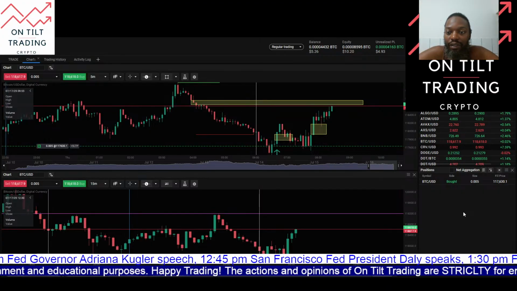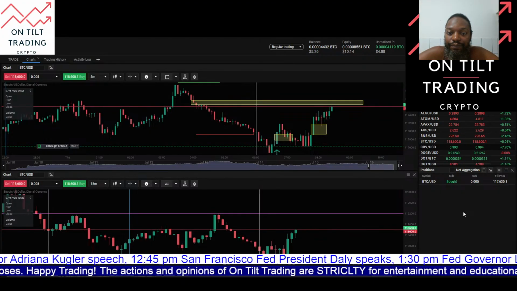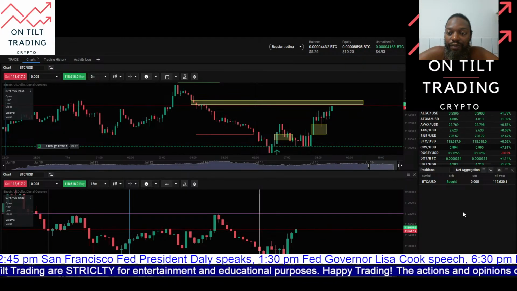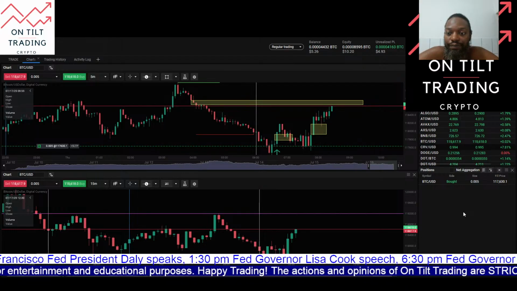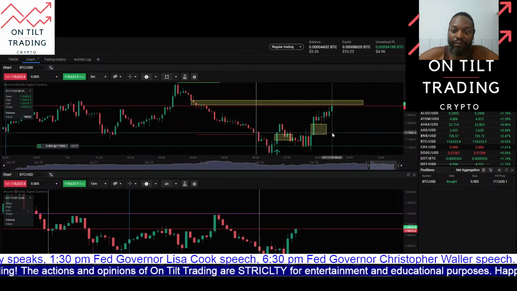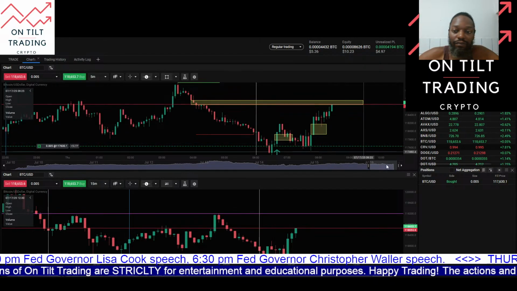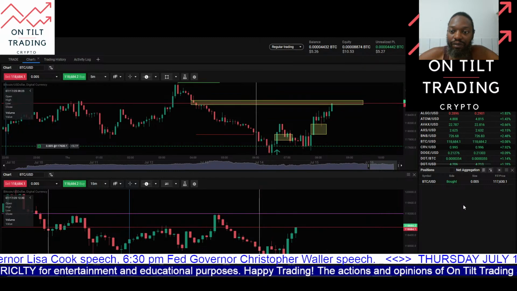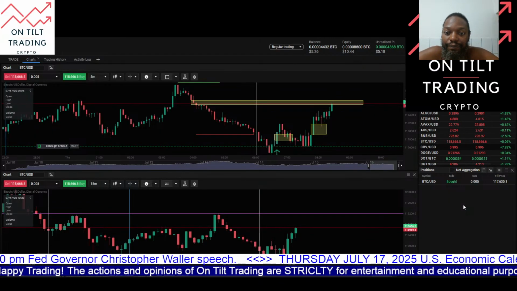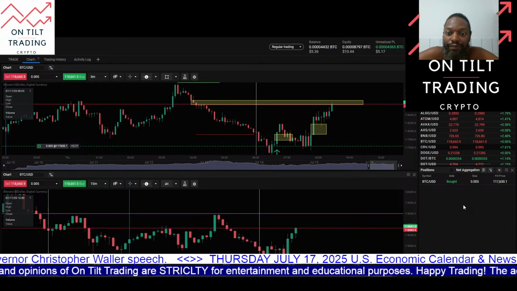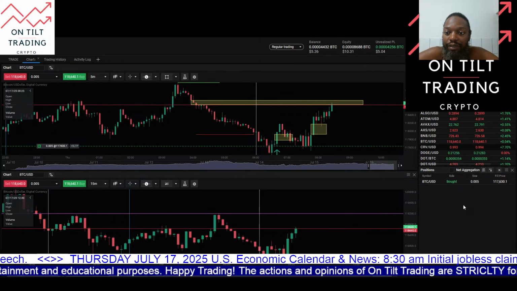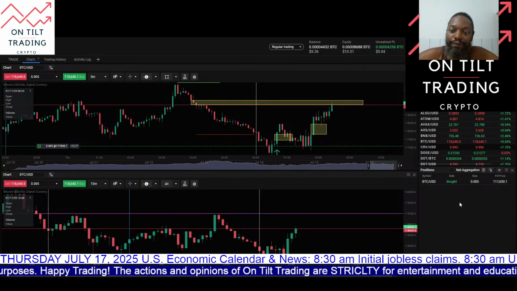Price just under this fair value gap. 118,600, 118,620, 118,650, 118,680. Price now trading inside the fair value gap. Price trade about halfway through the fair value gap, pulling back here, 118,650.